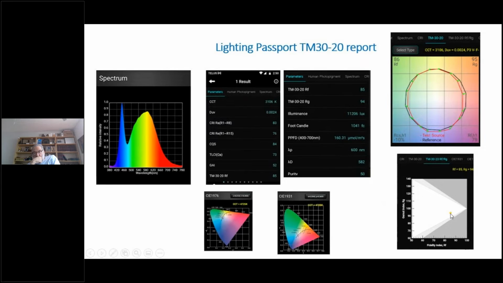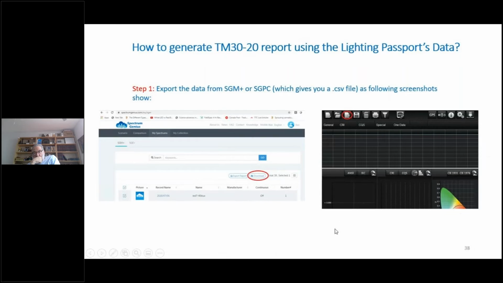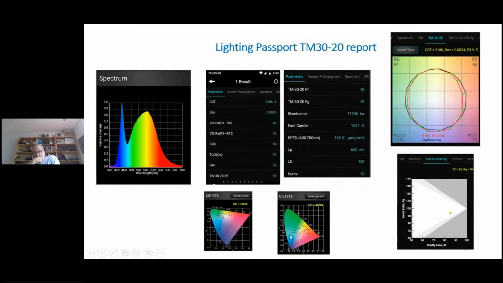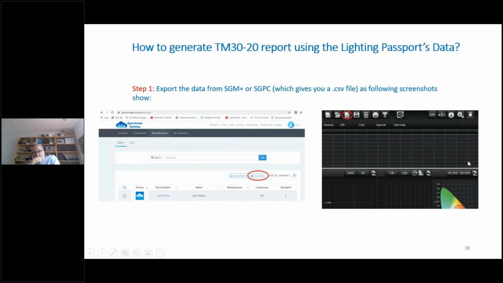And this is the point that is shown in here. And we also provide the 1931 and 1976 chromaticity diagrams. So now I want to show you how you can generate the TM30 report using the lighting passport data, and I'll give you a demo of how you can do that.